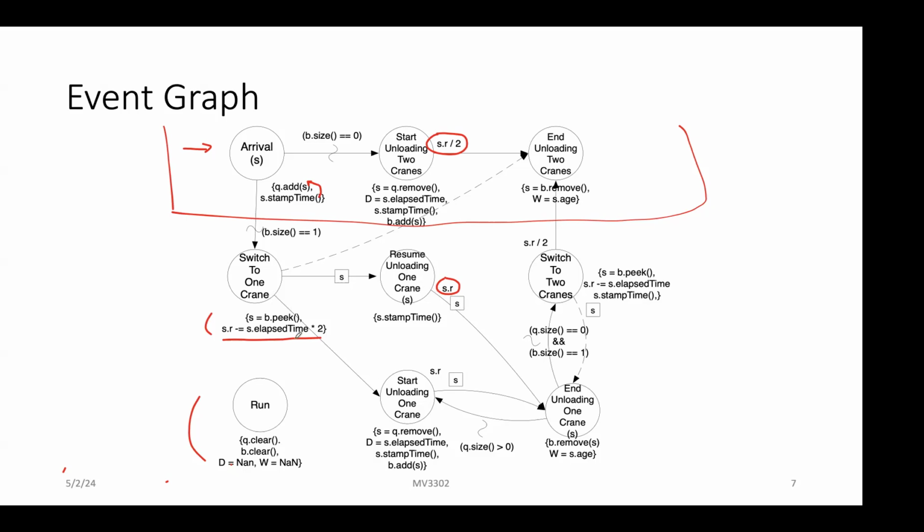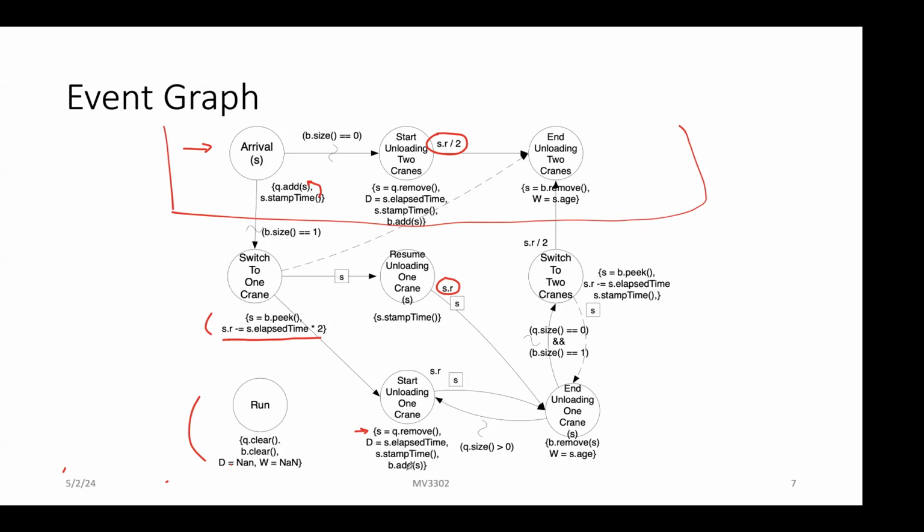What about the other one? Well, I need to start unloading it. So I'm going to remove, let's say remove first, actually. I'm going to basically pop the ship off the queue. And this is a different ship than the one that was here, even though the letter's the same. It gets an elapsed time.